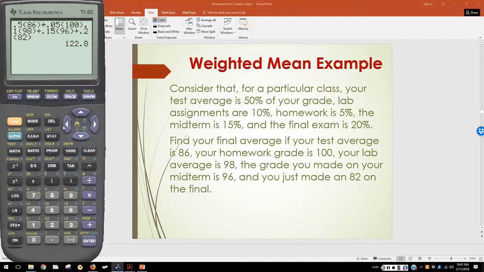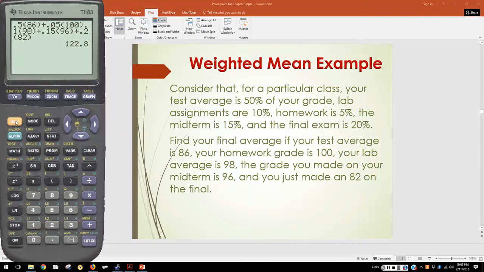So that's the sum of your weighted average. And you would, I think I've typed something in wrong. Let's pause. I see what I did wrong.